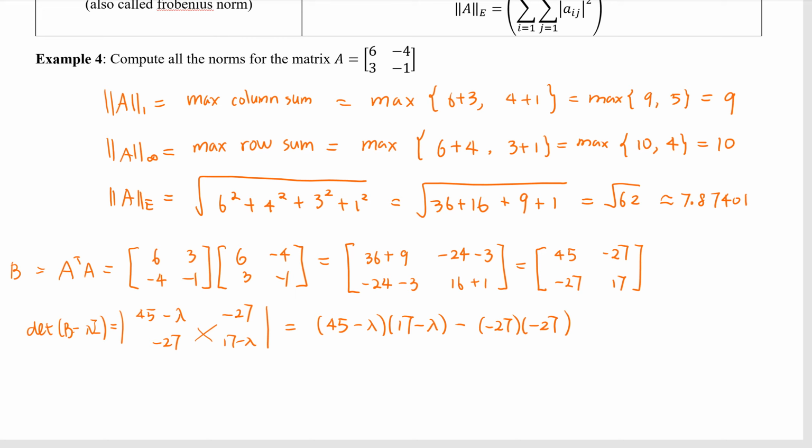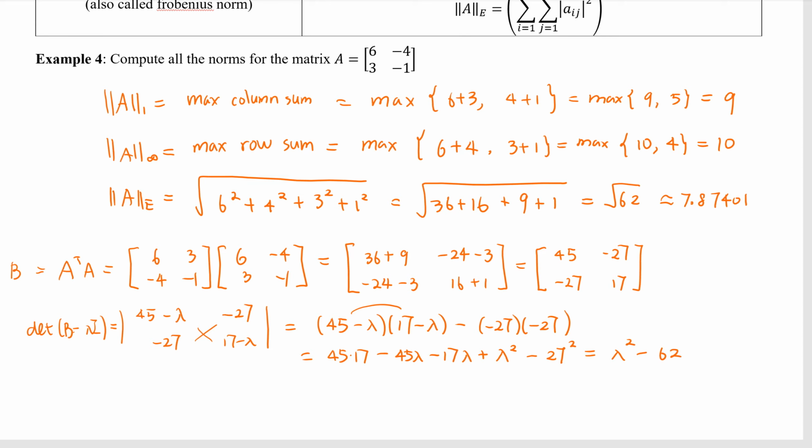Okay, what is that? Well, let's see. 45 times 17 minus 45 lambda minus 17 lambda plus lambda squared, and then this is negative, negative 27 squared. Okay, let's reorder it. So lambda squared, and then 45 plus 17 is 62.